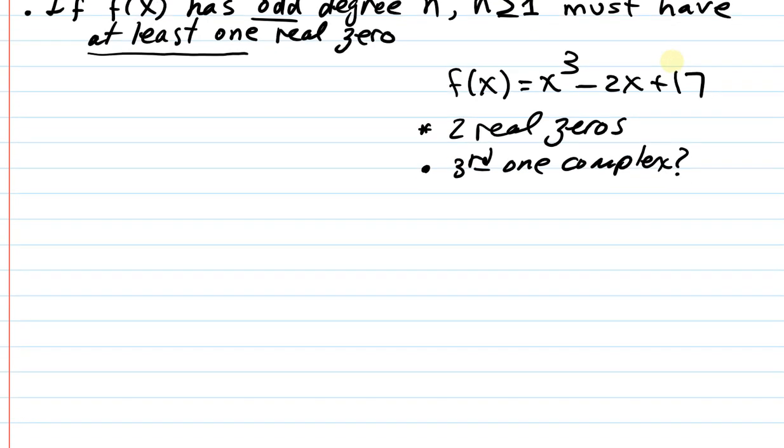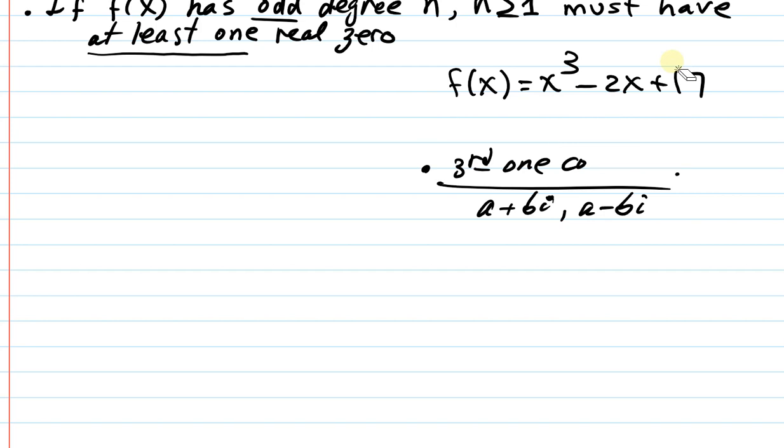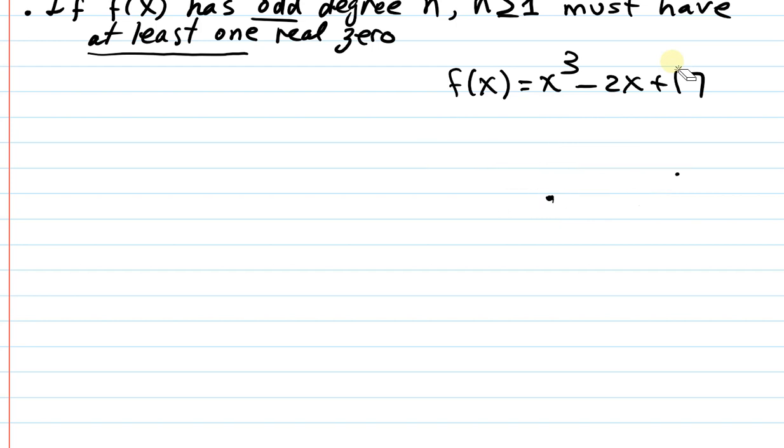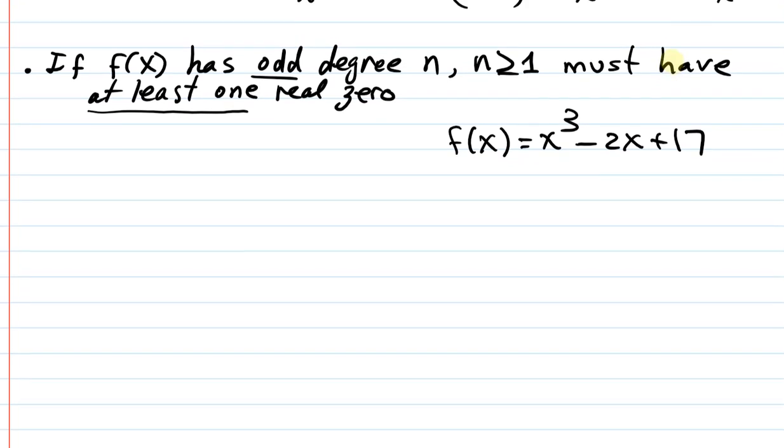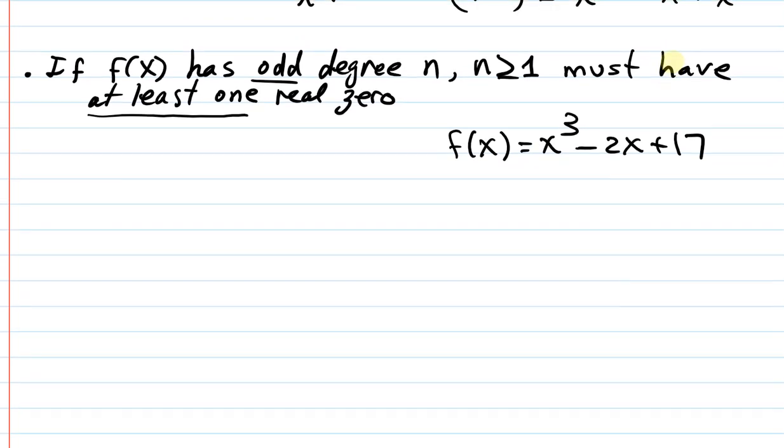It can't, because we just said if the coefficients are real, the complex roots occur in pairs. So that 3rd one cannot be complex, because if this is a solution, a minus bi has to also be a solution. So odd degree has at least 1, as many as 3 for the 3rd degree in this case.